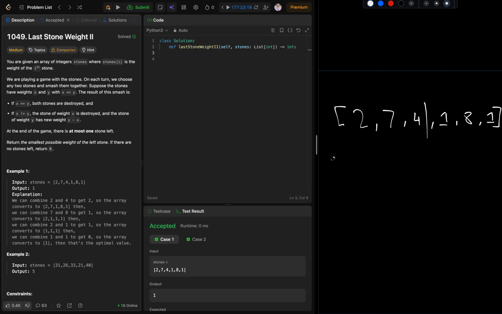So in the first example, for each number you want to take a number from this list and this list, and you want to minus it. So it's basically the sum of this minus the sum of this. For the first example, they combine 2 and 4, which is the same as adding 2 to this list and 4 to this list. And then they add 7 to this list, 8 to this list, and then the 2, am I missing a number?